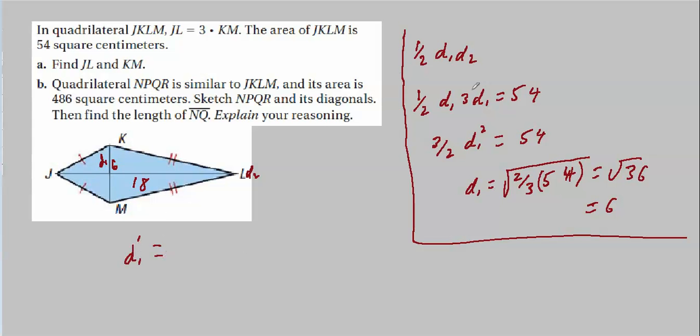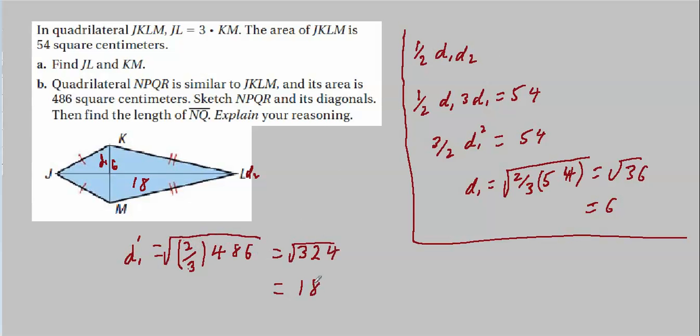This doesn't change, so it's still 3/2 of 486. Well, I wrote that upside down. d1 prime is 2/3 of 486, and we have to take the square root of that. So if we do this, we get the square root of 324, which is 18, and that'll be d1 prime.